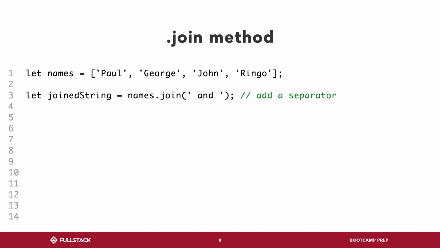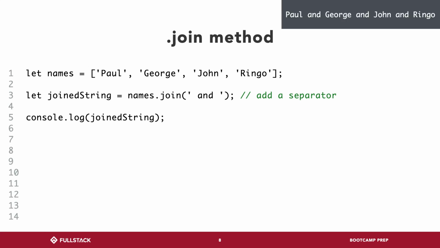So you can add a separator, okay? And the separator basically says that in between each of the indexes of the array, we're going to put this thing. So we're going to do Paul, and then we put this thing. Then George, then we put this thing.